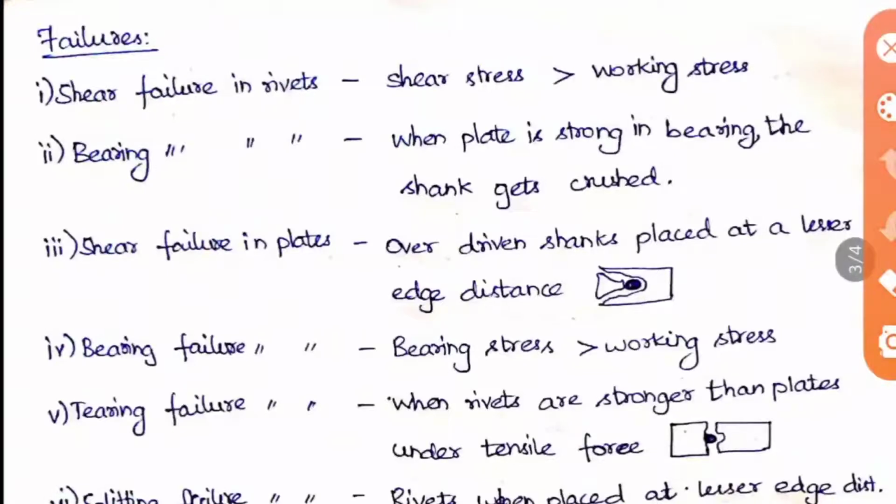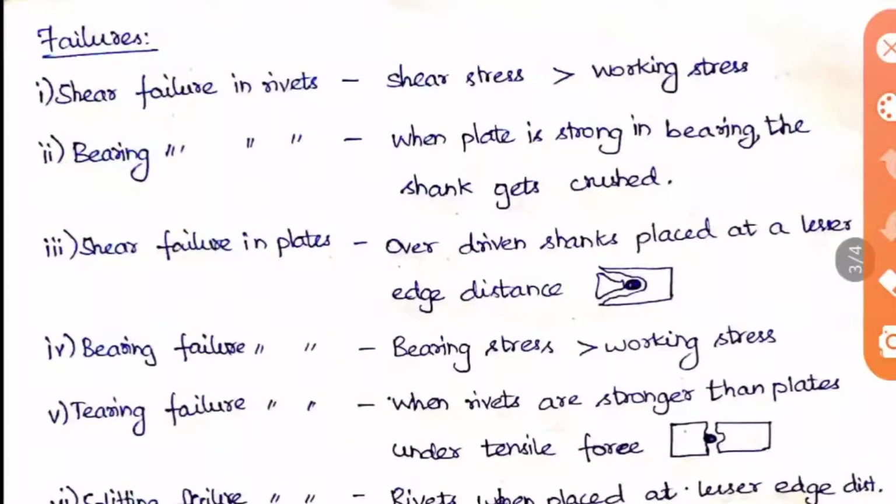This is when the plate is strong in bearing but the shank gets crushed. The third one is shear failure in the plates. When the power driven shanks are placed at a lesser edge distance, meaning somewhat nearer to the edge.